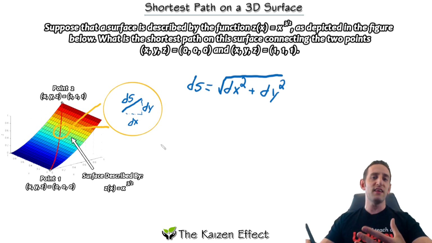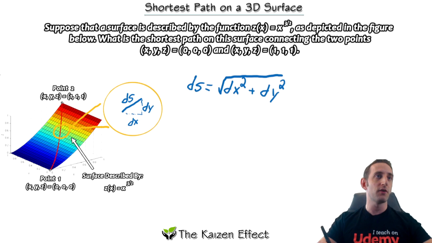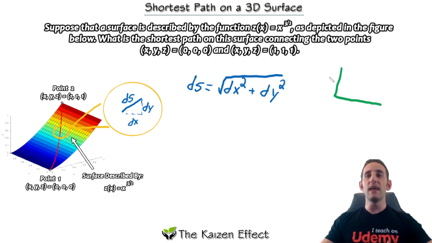But we're really interested in the three-dimensional curve. So what we do know is that if we come over here, in the zx plane, we're going to have another curve.